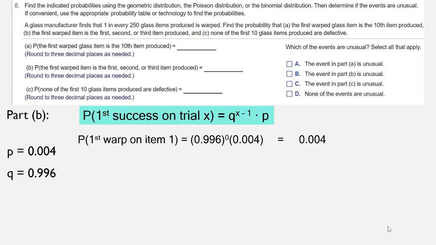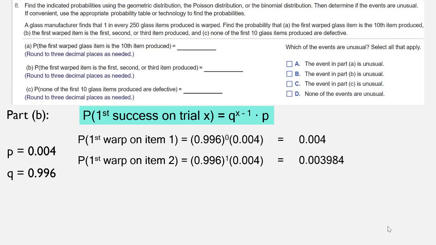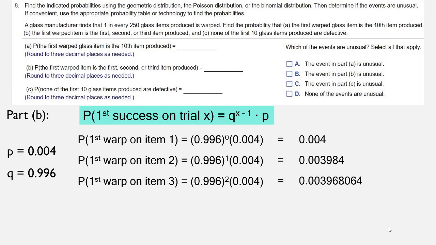If the first warp is on item 2, that's going to be 0.996 to the first. Again, x minus 1. 2 minus 1 is 1. That's why that's the first power, times 0.004. Gives us 0.003984. And if the first warp is on item 3, we get 0.996 to the second times 0.004, which gives us 0.00396864.